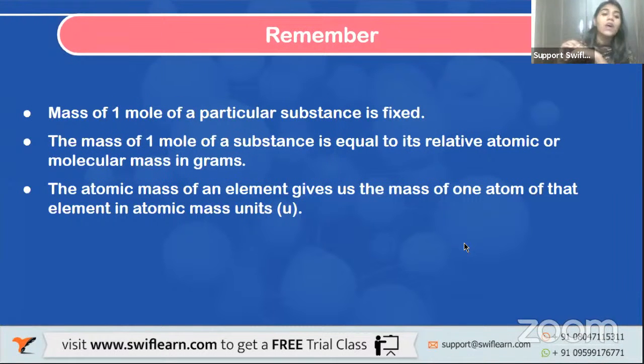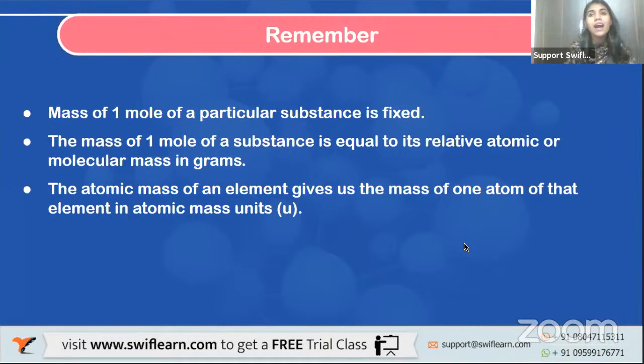Okay. Now, mass of 1 mole of a substance is equal to its relative atomic mass or molecular mass in grams. Do not get confused. Okay. Moving ahead, atomic mass of an element gives us the mass of one atom of that element in the atomic mass unit.